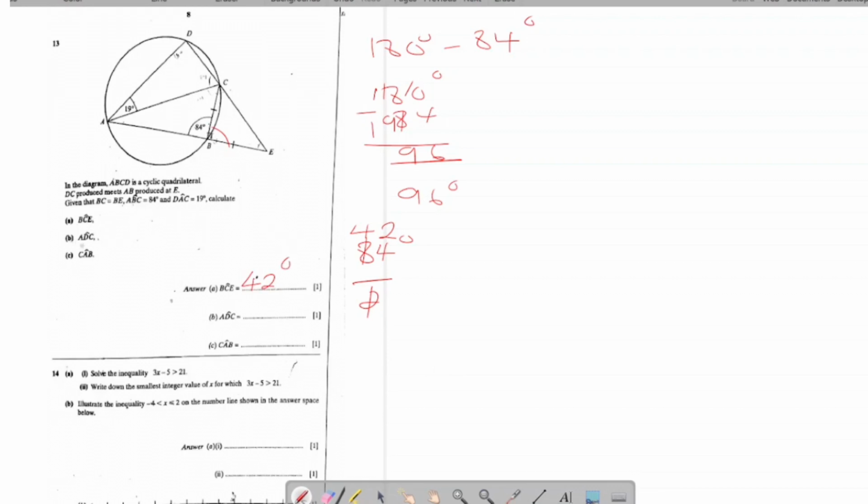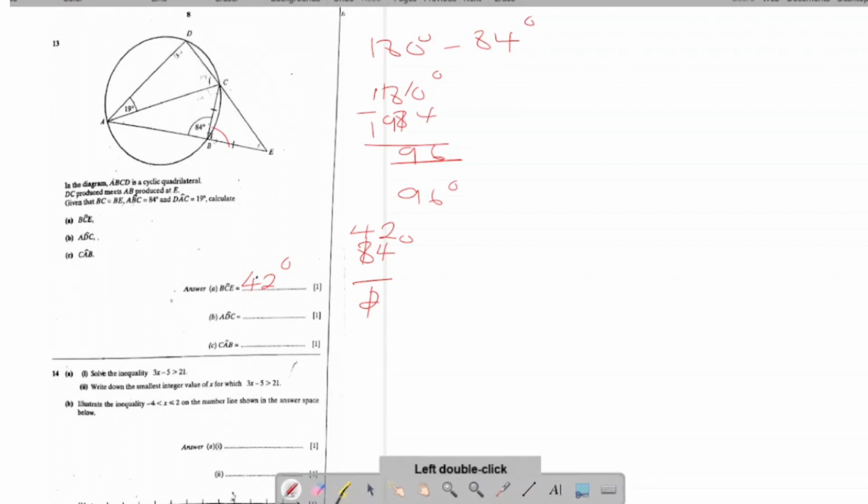And the second question is ADC. So this angle. To find that angle, there's a theorem that says opposite angles of a circle quadrilateral add up to 180. So this angle is opposite to this angle.